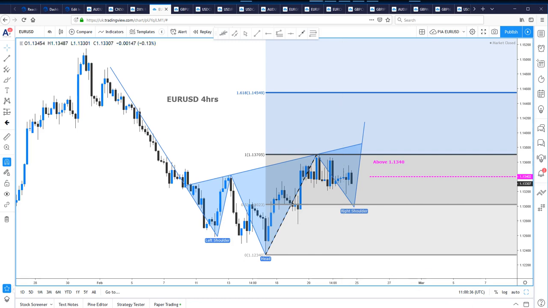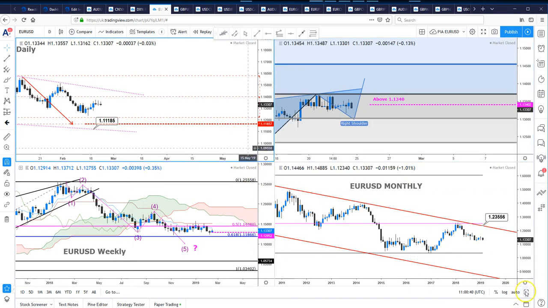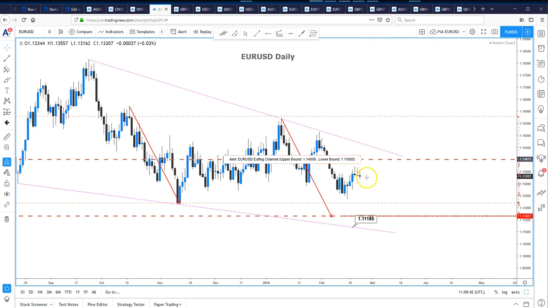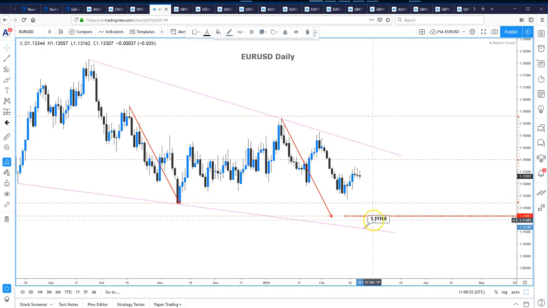Otherwise, I think this formation is going to break, and we're going to see a bigger sell-off towards this level, which is the AB equals CD formation target at 1.1165, and then possibly down to here, which is around about 1.1120. That then looks to be forming an ending wedge pattern. We'll then expect to move to the upside.